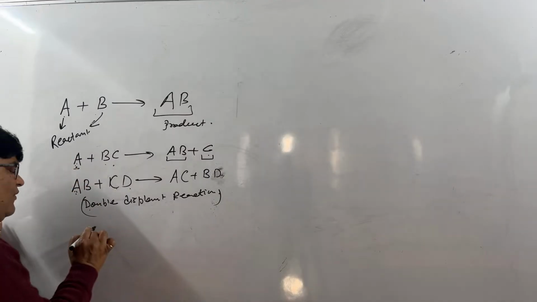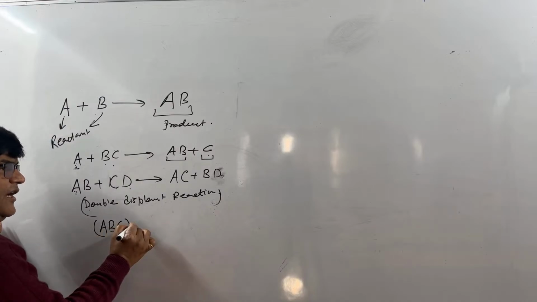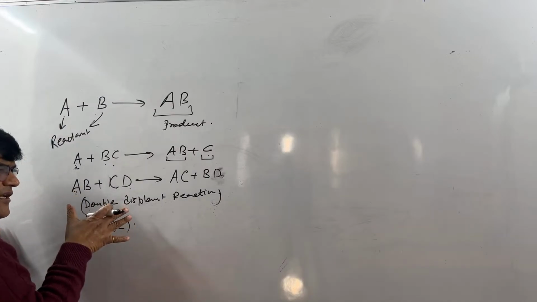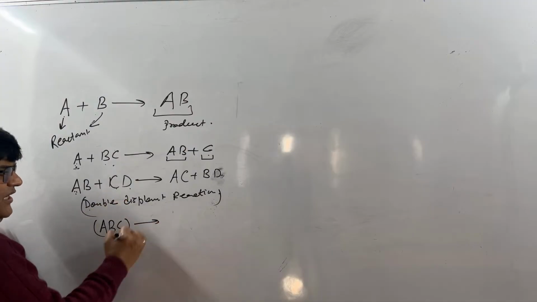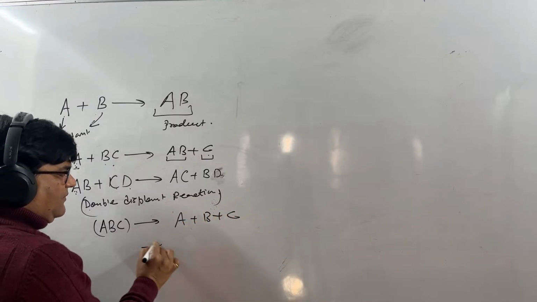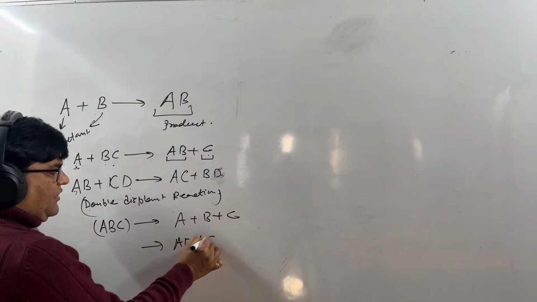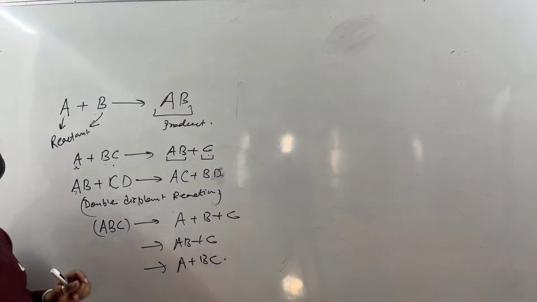Now we have one more thing, ABC. Suppose you are putting light on it, or you are going to give heat. In such a case, A, B, C, or sometimes AB plus C, or sometimes A plus BC is formed.